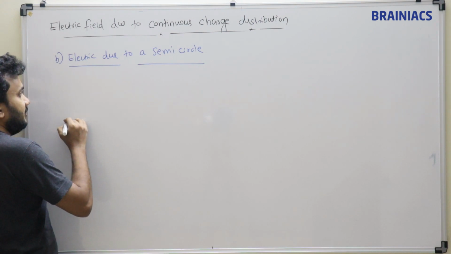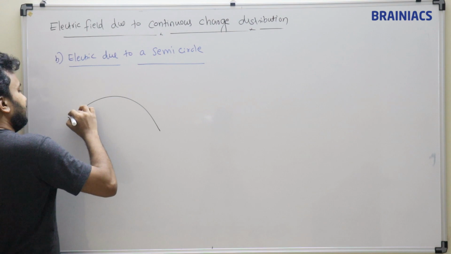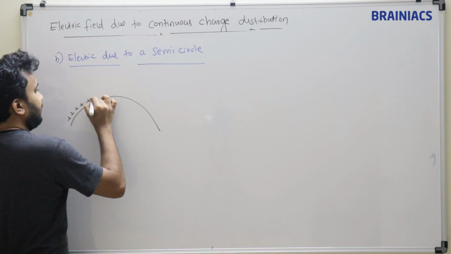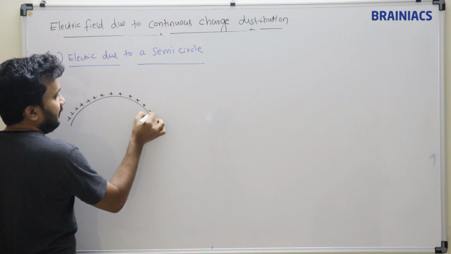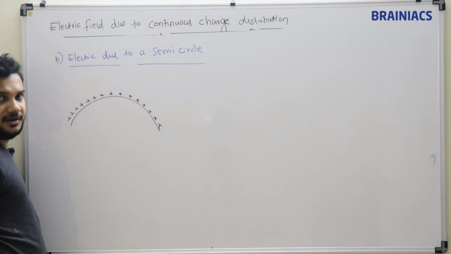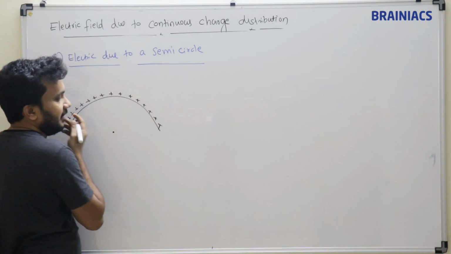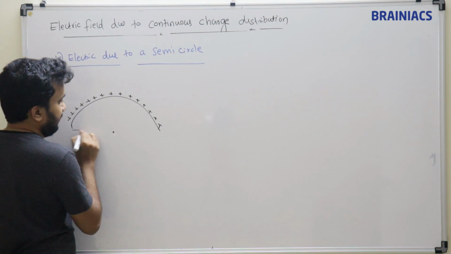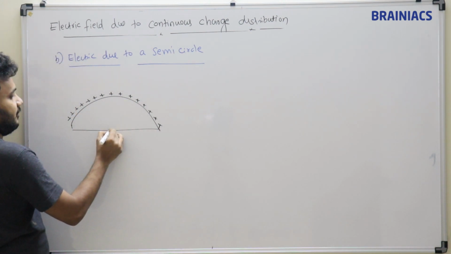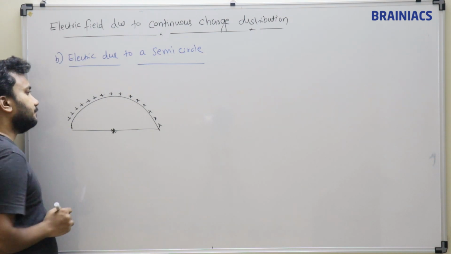I have a semicircle, which is nothing but a wire bent in the form of a half circle. We are going to find the electric field intensity at this center point.